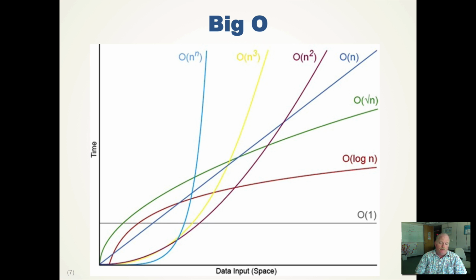And then one of the worst around is n raised to the n, or 2 raised to the n, where as the size grows, the time it takes to execute that algorithm or program takes a great amount of time. You do not want to run big O of n to the n or big O of 2 to the n algorithms or programs unless you know your size is going to stay small.